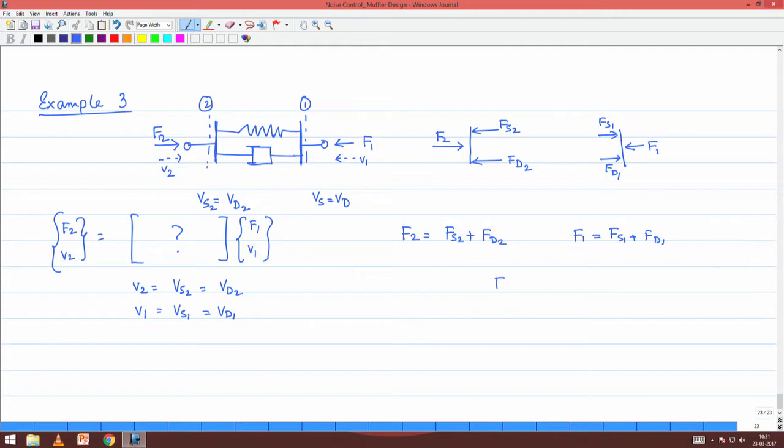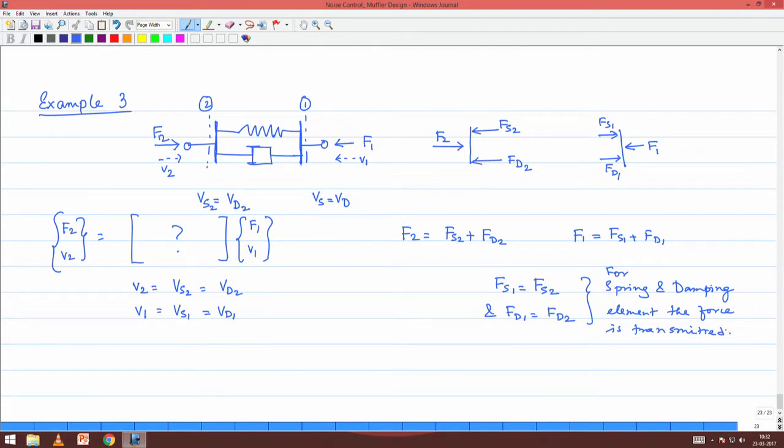So, Fs1 must be equal to Fs2 and Fd1 must be equal to Fd2, because for the spring and damping element the force is completely transmitted.